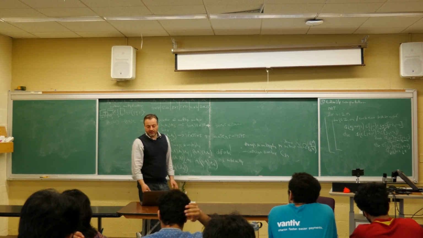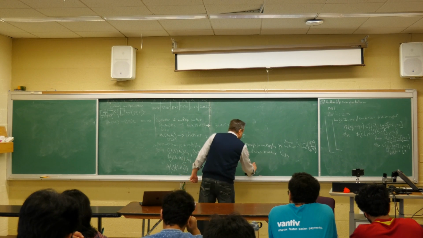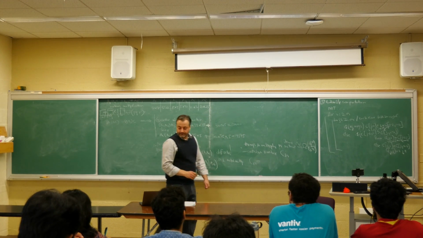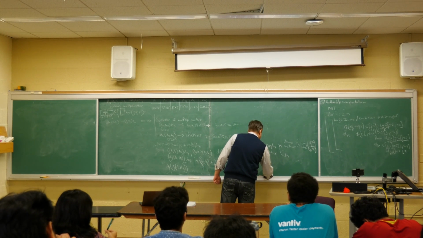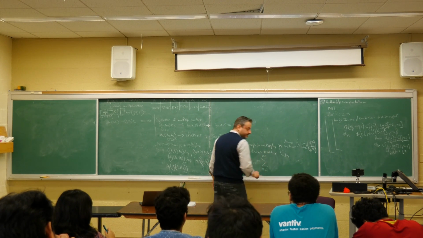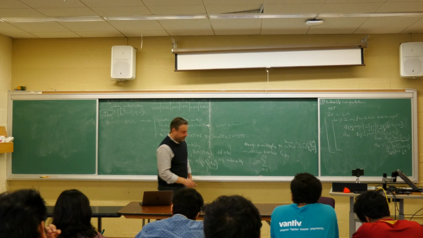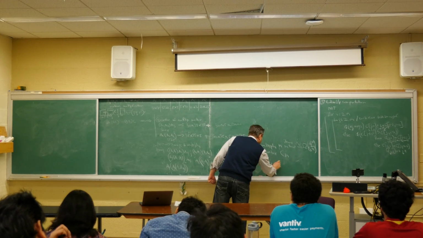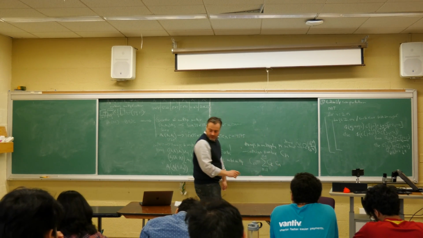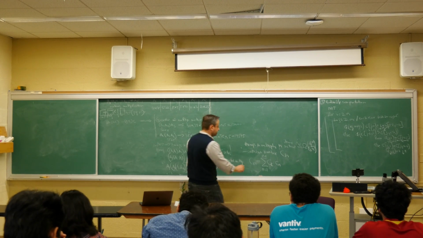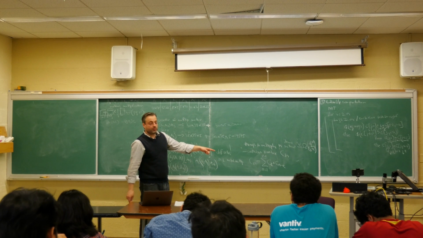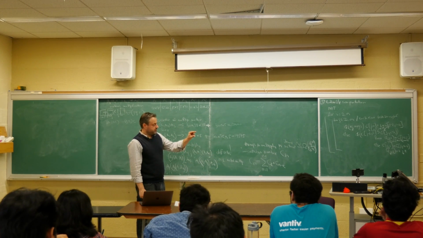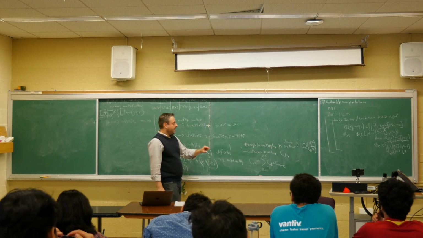The most important thing that we need for Catalan numbers is this recursion, which you have to prove, with terms like n minus k. It's very easy to prove. It's a 3 line proof.